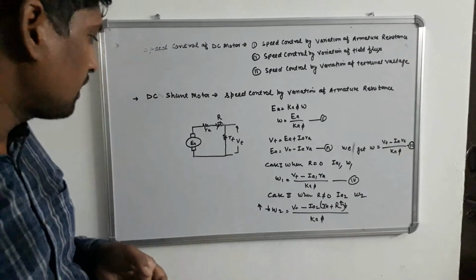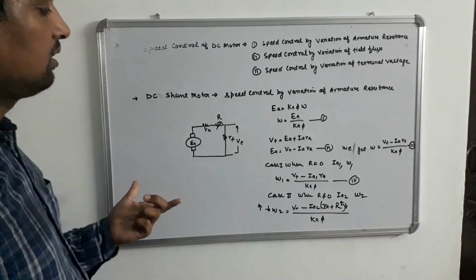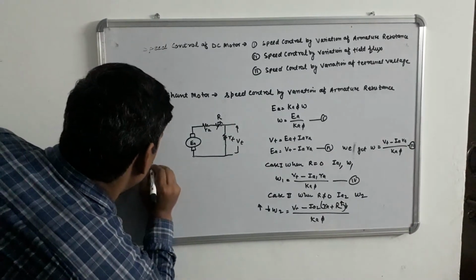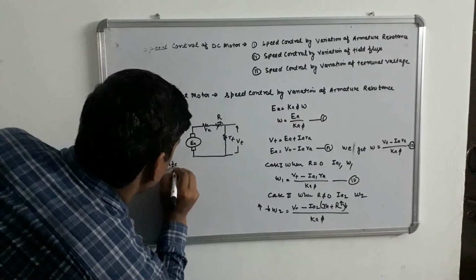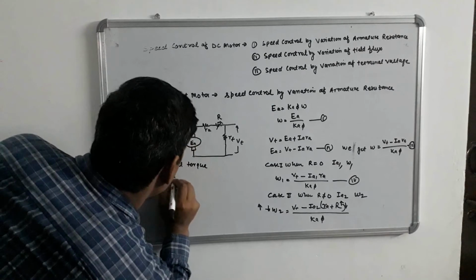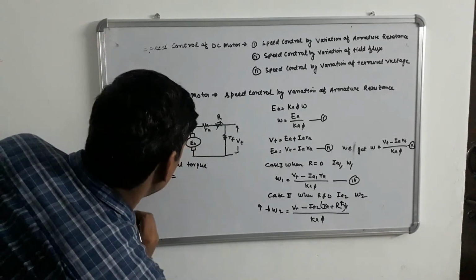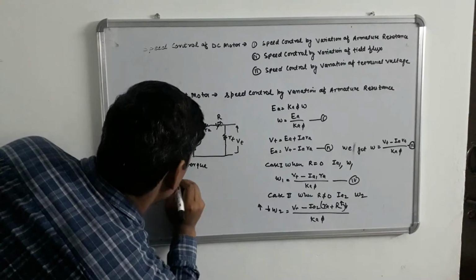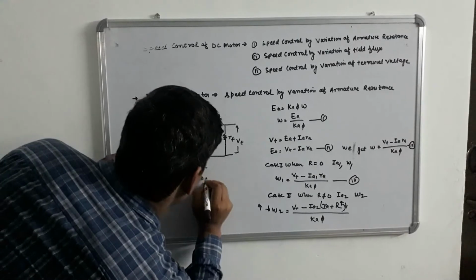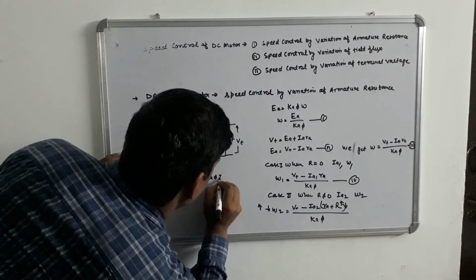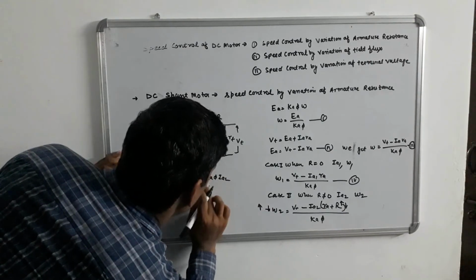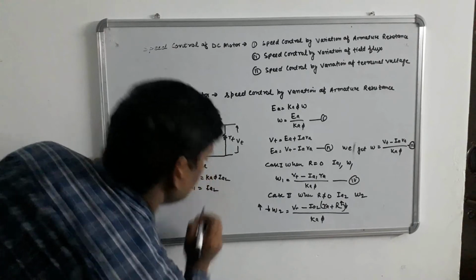Then at constant torque, KA phi IA1 is equal to KA phi IA2. That means IA1 is equal to IA2.